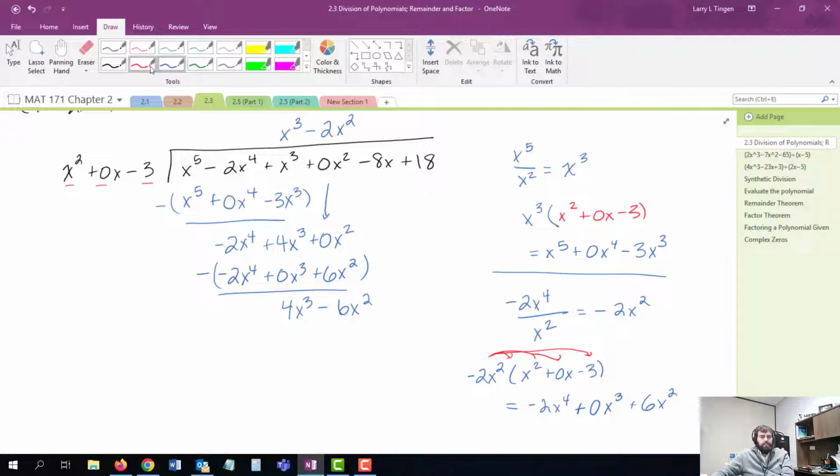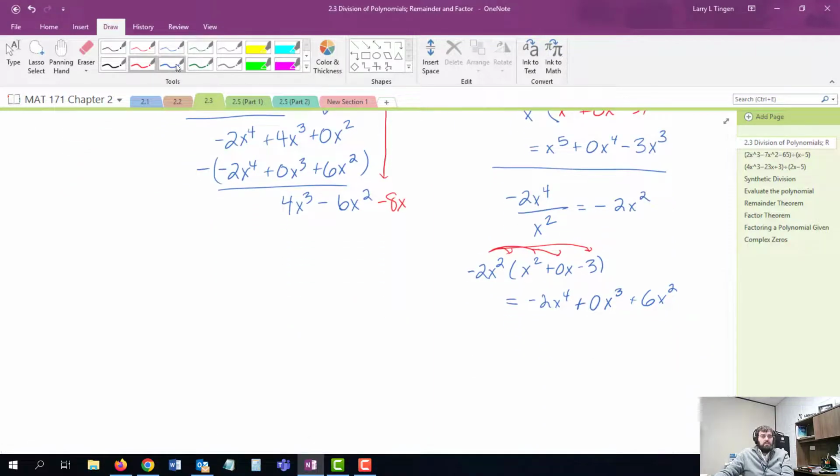We do it again. Bring down the next term. And I once again take the new leading term, 4x cubed. I divide it by the leading term of the divisor. That leaves me with 4x.